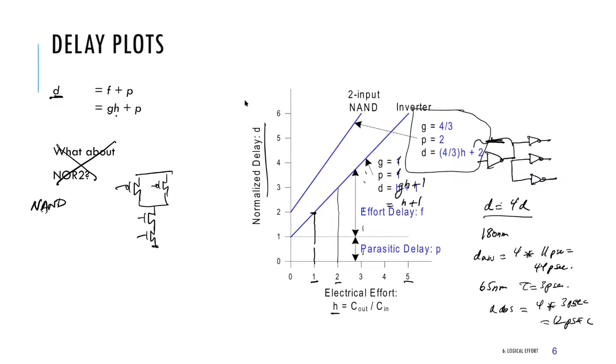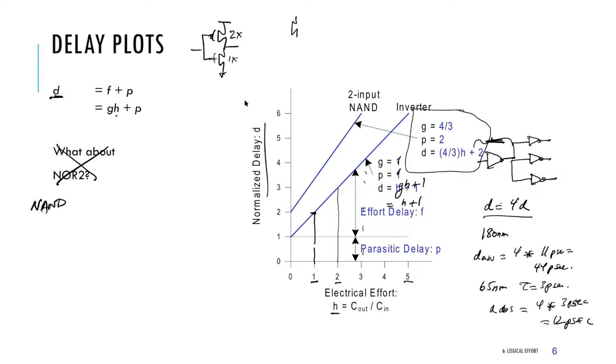Let's say we wanted a NAND gate that has the same drive as a minimum inverter. So we had our minimum inverter, which was a 2x and a 1x.